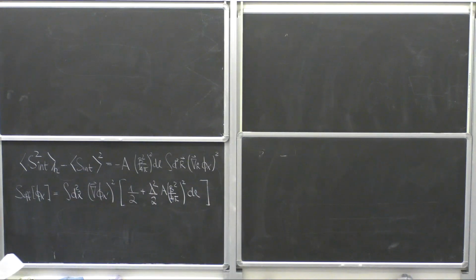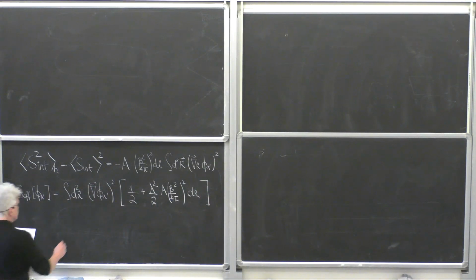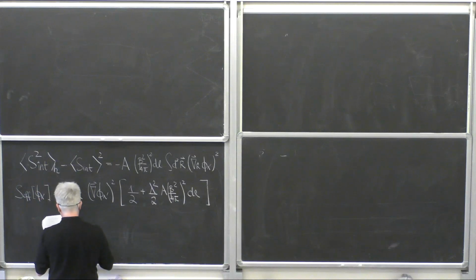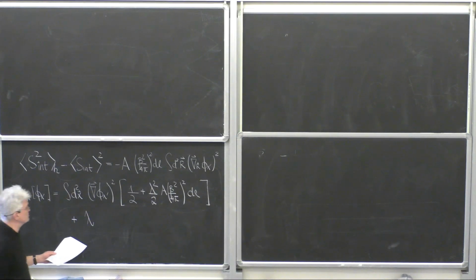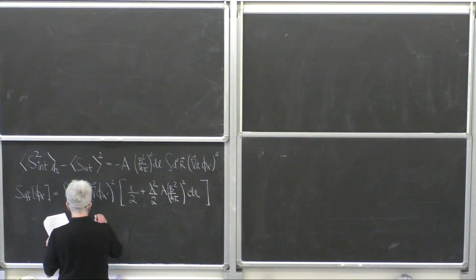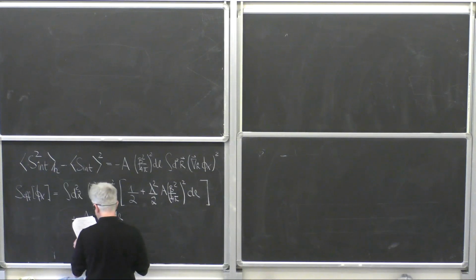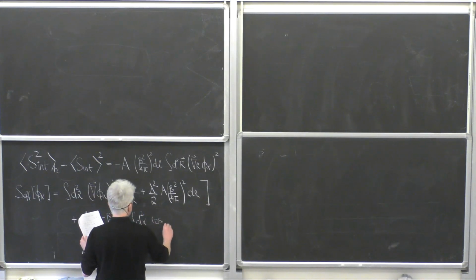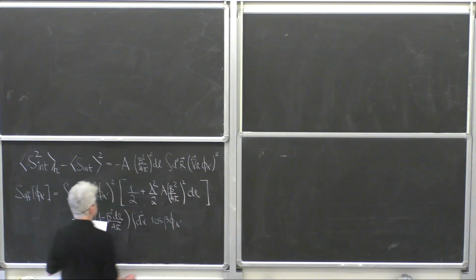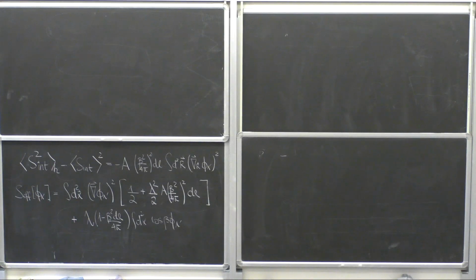So something like this. And then we still have the first order contribution, which we worked out before, which was proportional to lambda, not lambda squared. And this was lambda times 1 minus beta squared dl divided by 4 pi, integral d squared x cosine beta phi lambda prime. So this is basically as far as we got yesterday.